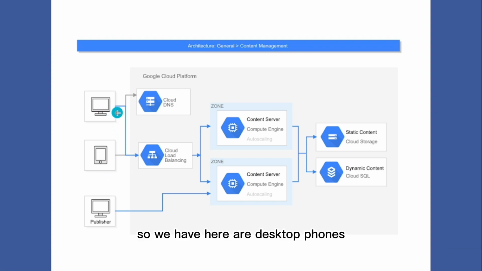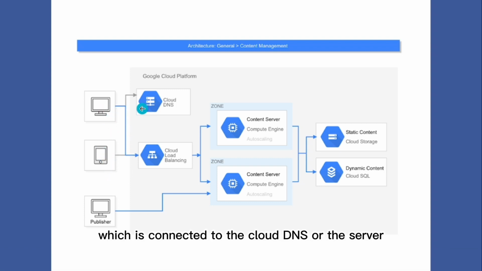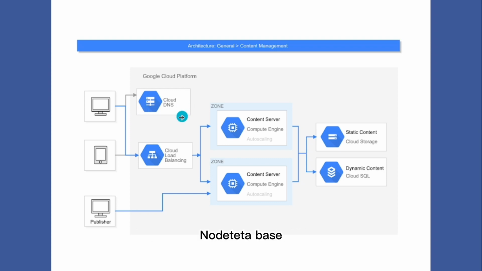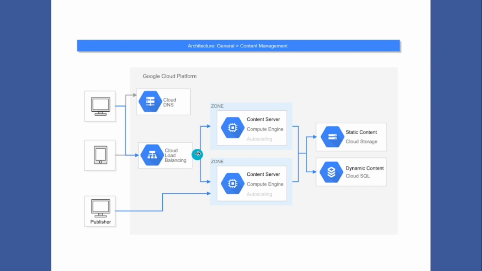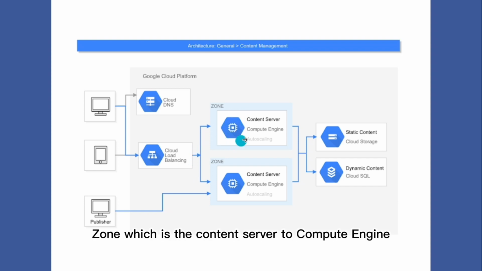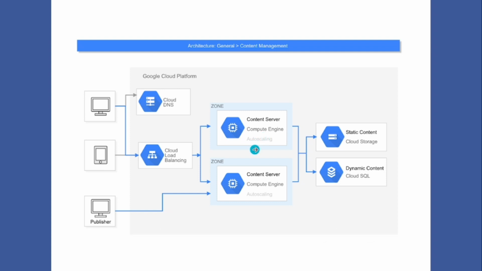The desktop and phones are connected to the Cloud DNS, and you have the Cloud Load Balancing, which also connects to the zone, which is the content server on Compute Engine. We have two content servers, one for the phone and one for the desktop.